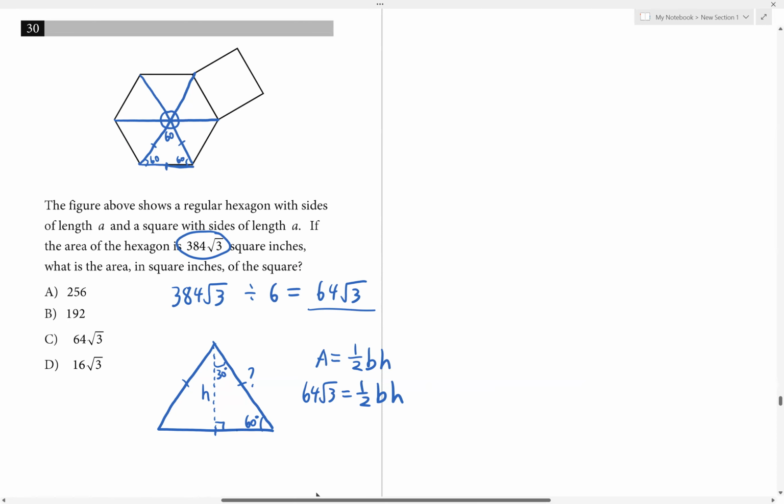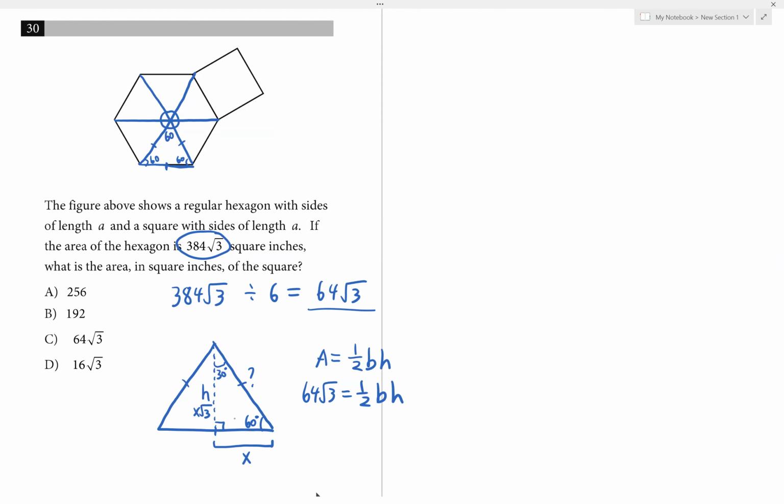For a special right triangle, if the short leg is x, the longer leg is x times the square root of 3, and the hypotenuse is 2 times x.